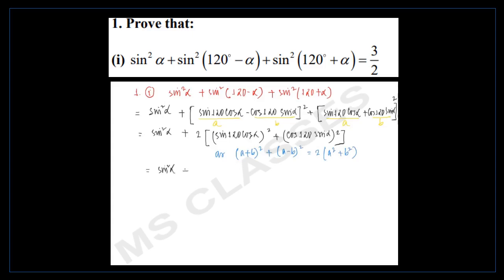sine square alpha plus 2 into, now sine 120, what is sine 120? Now we can find it separately also. Sine 120 can be written as sine 2 into 90 minus 60. 2 means sine will be remaining as sine 60. Now this is in which quadrant?